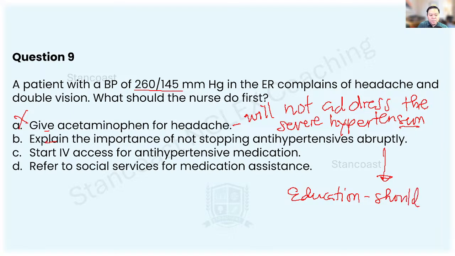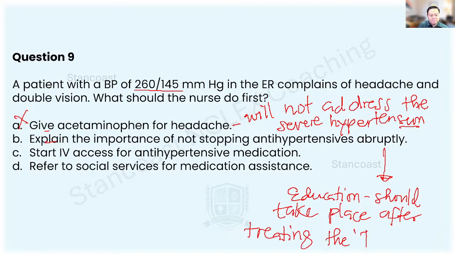Oh boy, why don't they invent a pen that would just do magic, right? Education should take place after treating the high blood pressure, HTN. Okay? So we are going to mark this wrong, even though it's beneficial, but we can do that later.